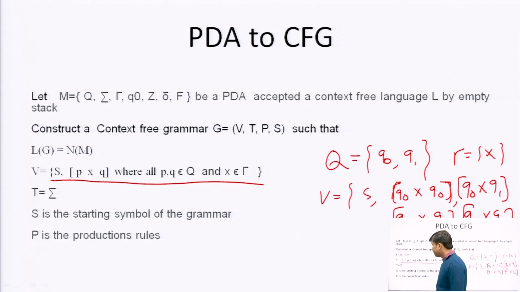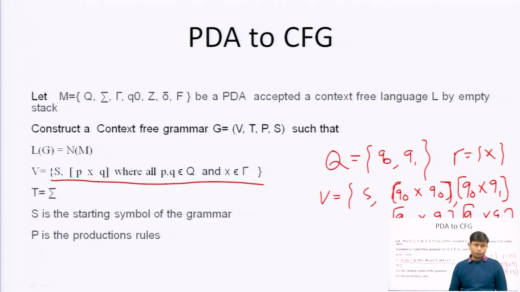So what is T? T is the set of terminal symbols of the context free grammar, which is equal to Sigma. So whatever the input alphabet in the pushdown automaton is, that is the terminal set in the context free grammar. Here S is the starting symbol of the grammar and P is the production rules.